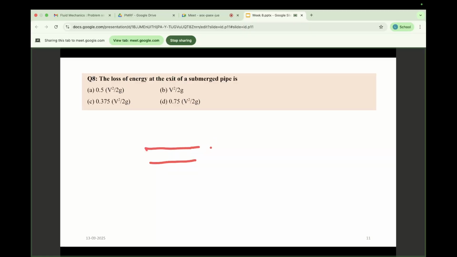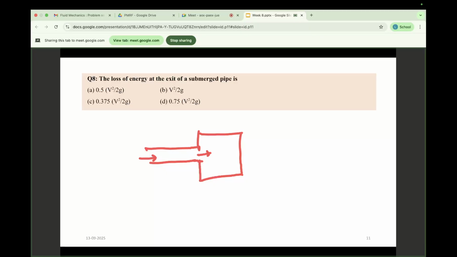This pipe is submerged in a large reservoir, and in that reservoir it has been ejected. So what will happen? There is a kinetic energy at this region. It is asked what will happen to its kinetic energy at the exit of this submerged pipe.